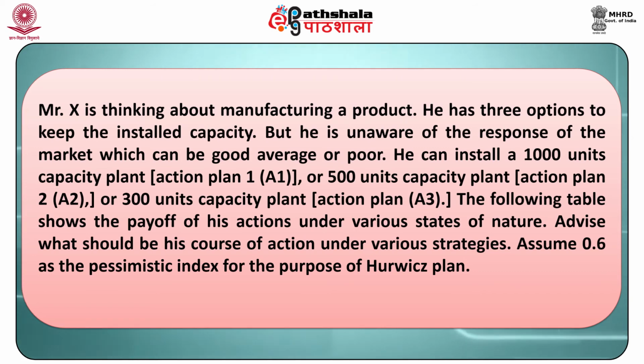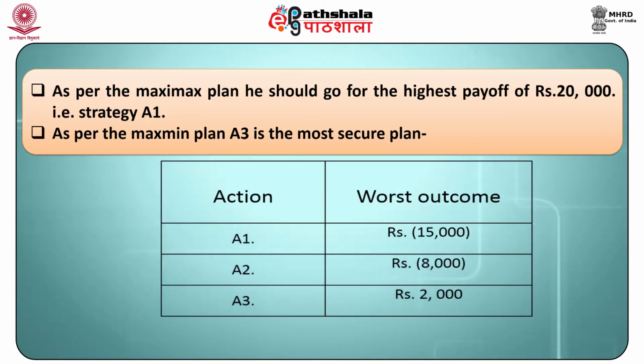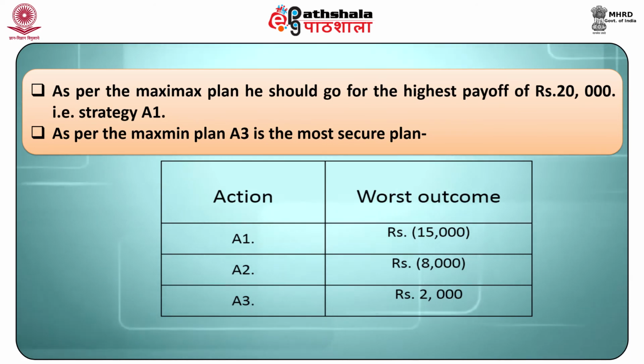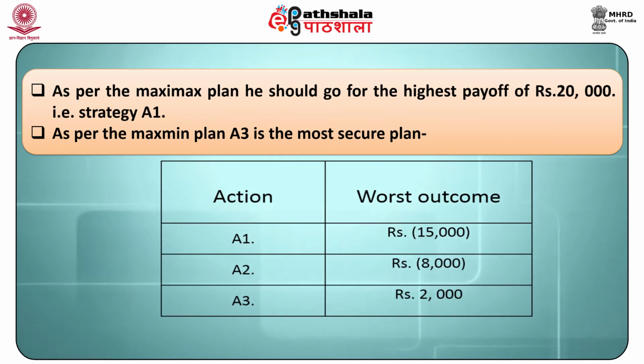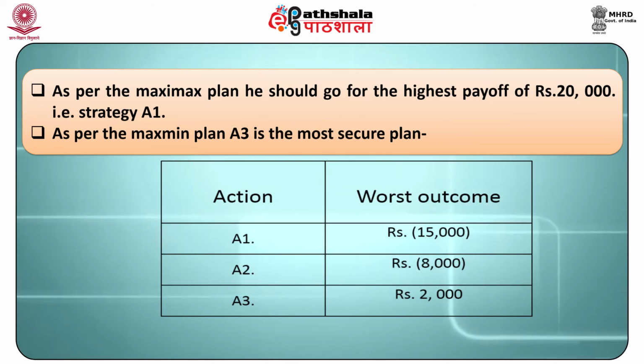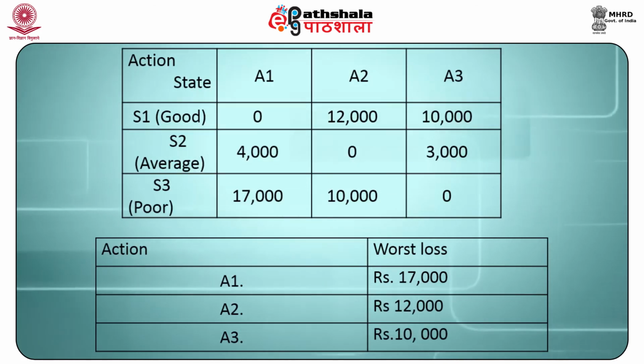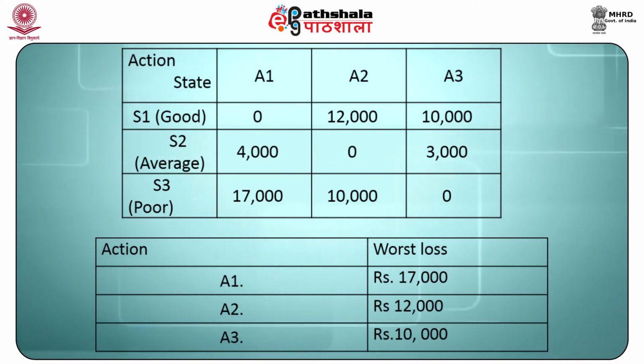Assume 0.6 as the pessimistic index for the purpose of Hurwicz's plan. Solution: first, as per the Maximax plan, he should go for the highest payoff of rupees 20,000, that is strategy A1. Second, as per the Maximin plan, A3 is the most secure plan as shown in the table. Third, payoff table of opportunity loss as you can see on your screens.